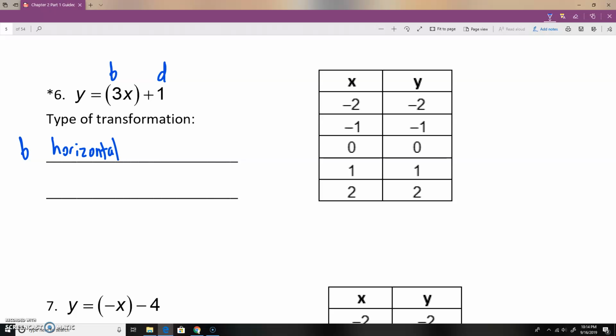And because b is greater than 1, it is a horizontal shrink by 1/3. And then our d value here is positive, so it's going to be a shift up by 1.